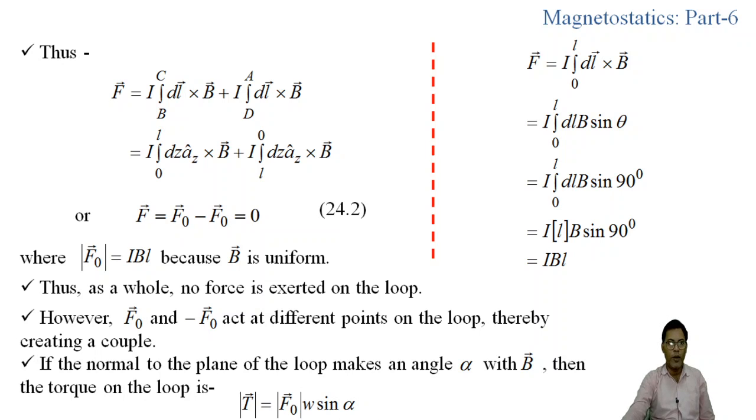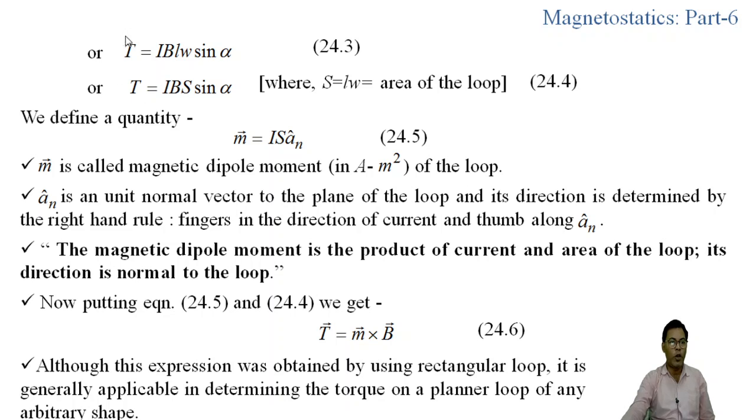So from that we find T equals IBL W sine alpha. Now if we consider L as the length and W as the width of the current loop, LW can be considered as the area. So the area is S, and T equals IBS sine alpha.